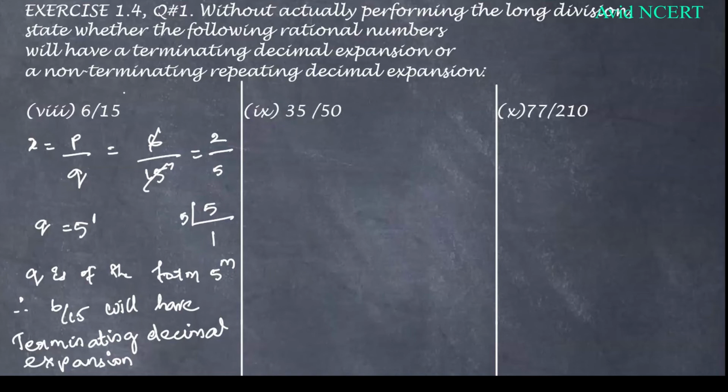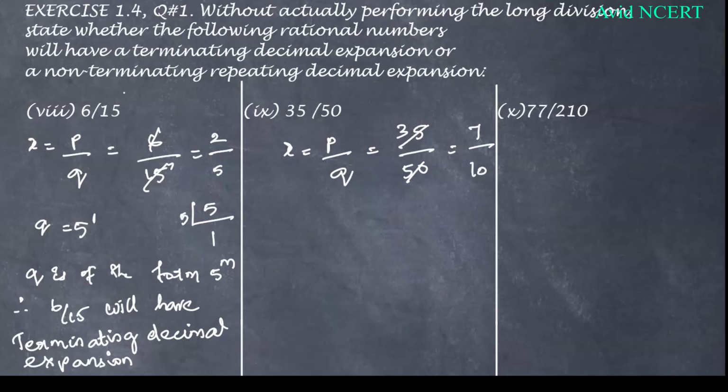For the ninth problem, 35 by 50. Again, we have to follow the same steps. So, x equals p by q, which is 35 by 50. Since this number ends with 5 and 0, it will be a multiple of 5. So, 5 sevens are 35 and 5 tens are 50.